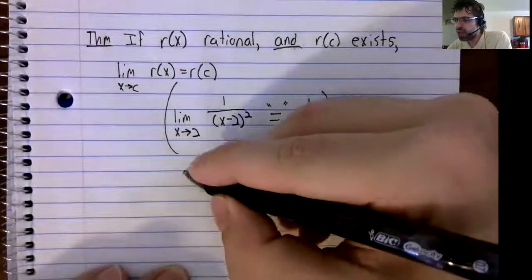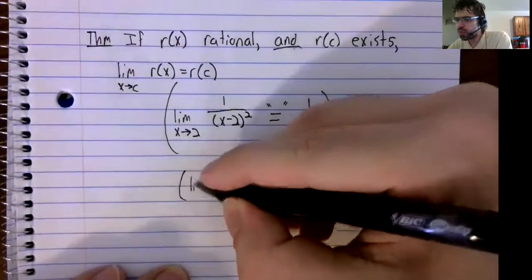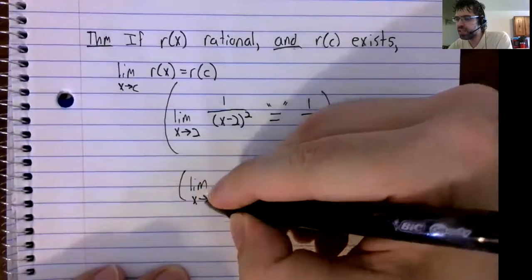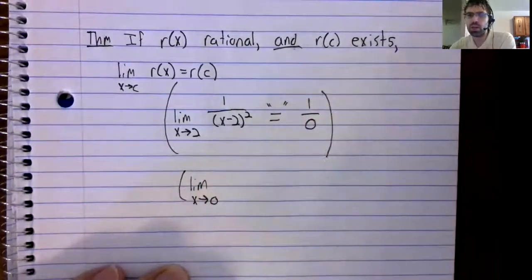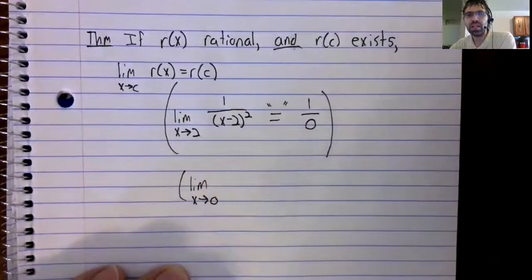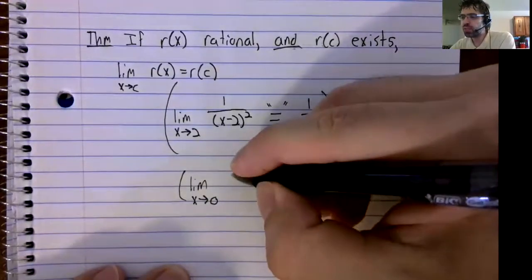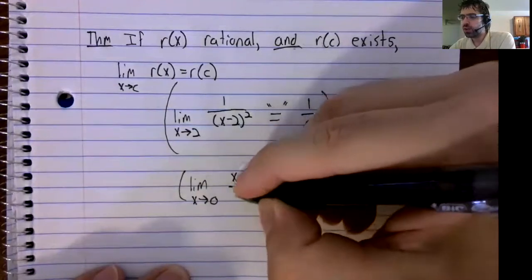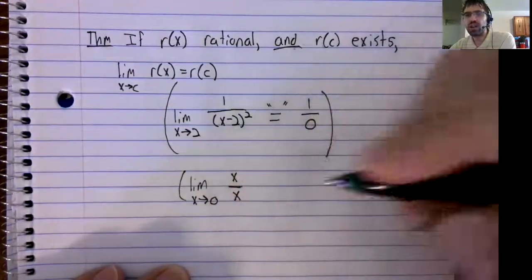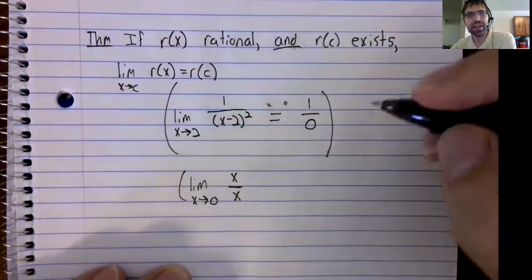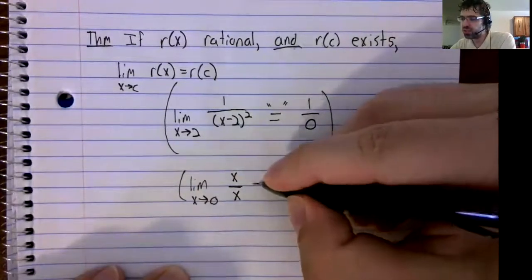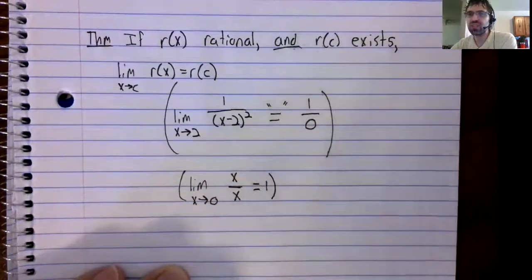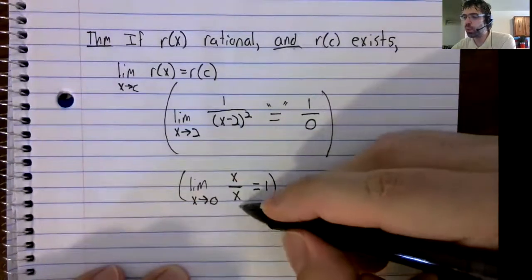As a side note, by the way, still related to this theorem though, the limit as x approaches 0 of x divided by x exists and equals 1.